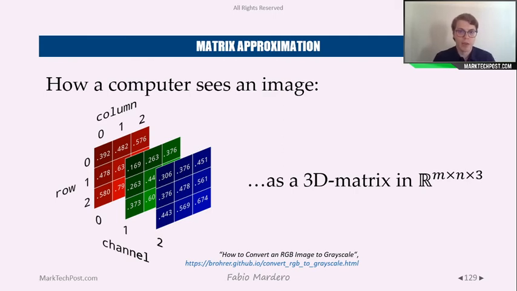Let's see an example of what it means to approximate a matrix, and we can do it by taking a look at an image. We already saw in the first course, talking about linear algebra, that a computer sees an image as a tensor, a 3D matrix.